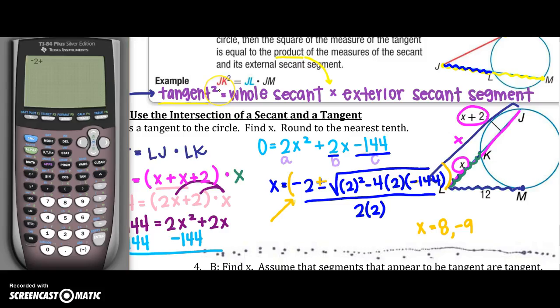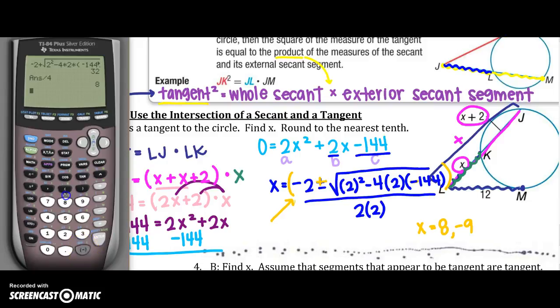Plus the square root of 2 squared minus 4 times 2 times negative 144, enter, divided by 4, and that's where I would get 8.